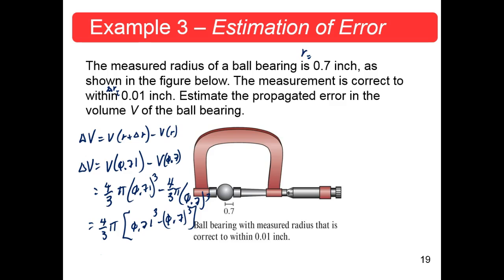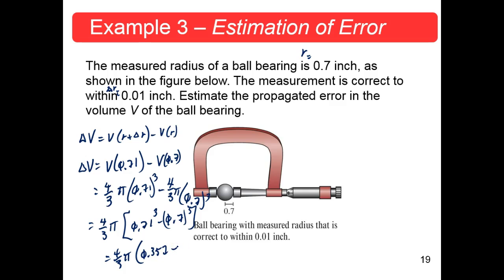What is 0.71 cubed? Anyone got a calculator? 0.71 cubed is .357, and so on.